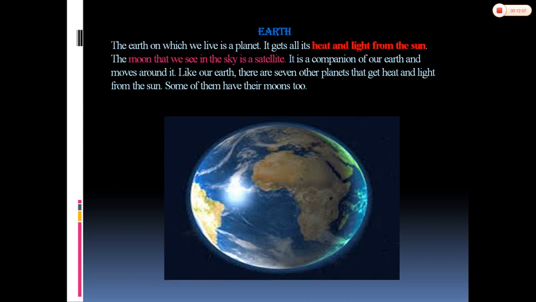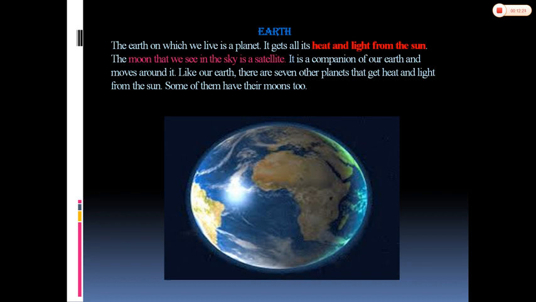It moves around the earth in 27 days. That means it completes one round around the earth in 27 days, as well as it spins itself in 27 days.